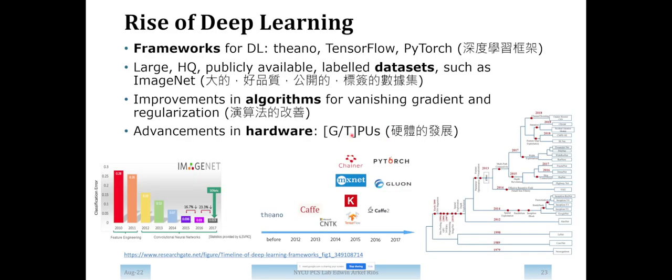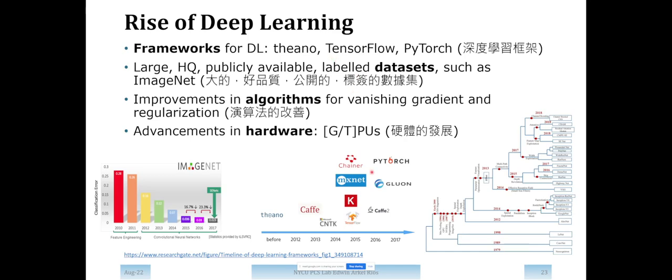Deep learning has become very popular in the last few years, and there are a few reasons why. The first one is that there have been some very good software frameworks. For example, in the early 2010s, there was Theano.